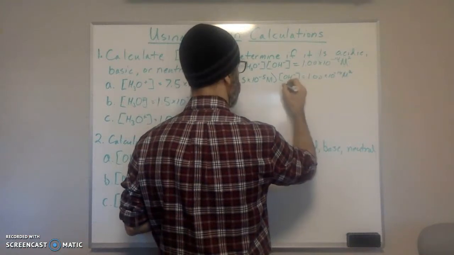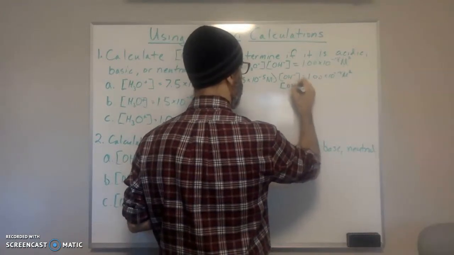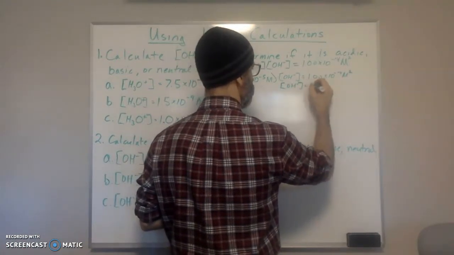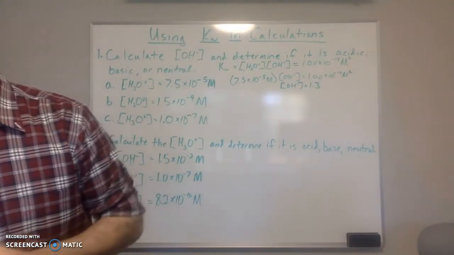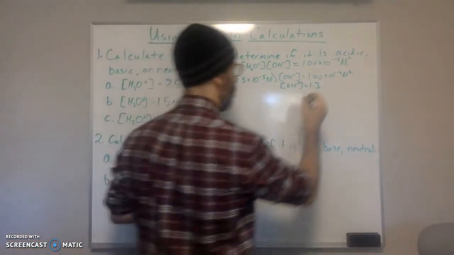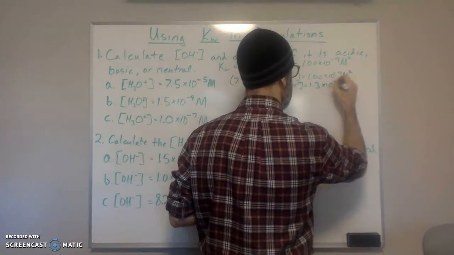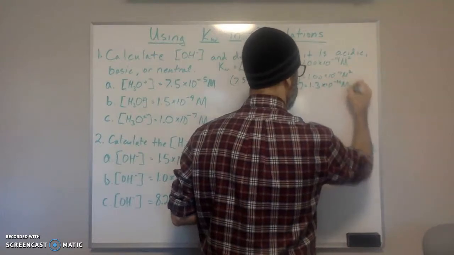So here your OH minus concentration is equal to 1.3 times 10 to the negative 10 molar.